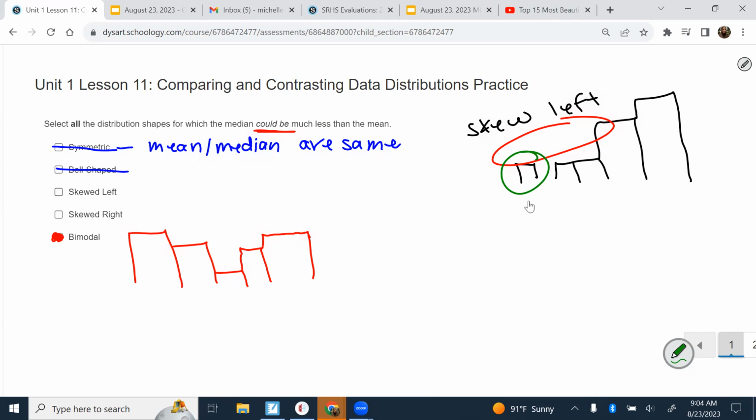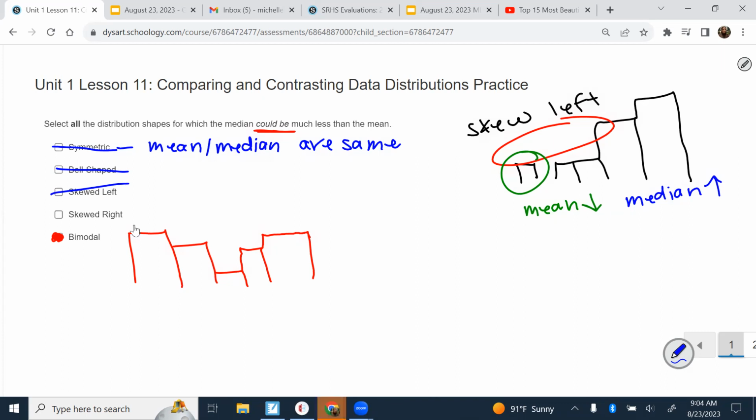That should be pulled left. So my mean is being decreased because of that outlier. However, my median is still probably more over here where the bulk of my data is. So in that case, the mean is lower, the median we expect to be higher. So we wouldn't pick the skewed left option because of that. Does that make sense? Okay.